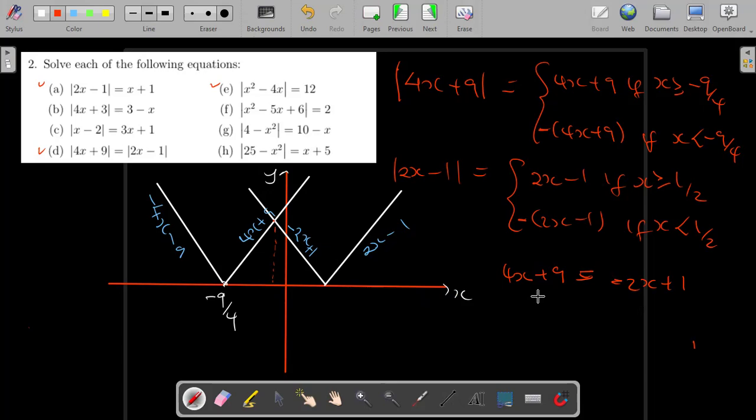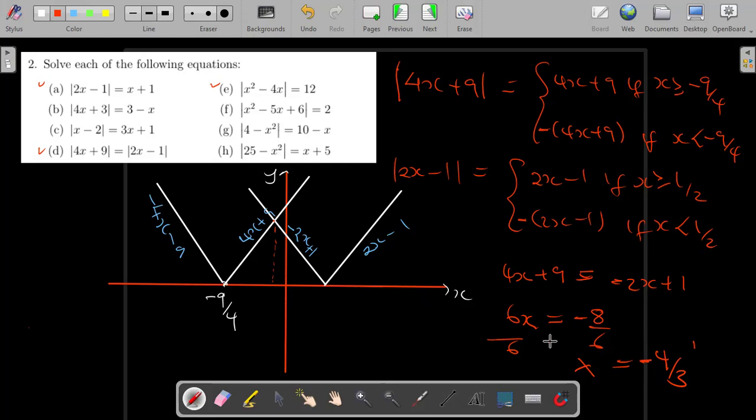I can bring this together. The negative goes to the other side, this becomes 6x, the 9 goes that side, and that becomes negative 8. Then I can divide by 6 and I get the value of negative 4 over 3.